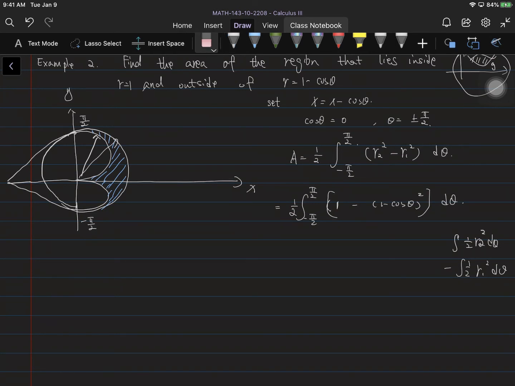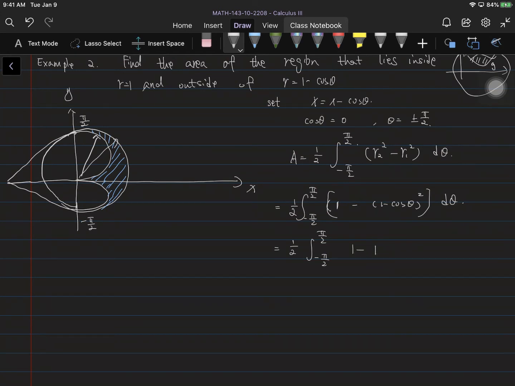Let's simplify. A lot of calculation in this section. One half, negative pi over 2 to pi over 2. So here we expanded the square.